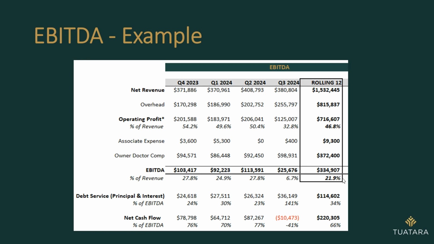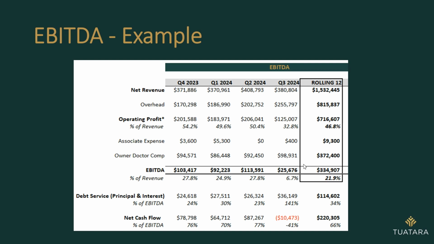And the EBITDA ends up at $334,000. From that EBITDA, and what you see in the bottom 2 sections, the owner has to pay their debt service. So that $334,000, first they use that to pay $114,000 of debt service. And you can see that's about 34% of their total EBITDA. So about 1/3 of their EBITDA was going to pay off their loans, which means the remaining 2/3, or about $220,000, is their net cash flow.